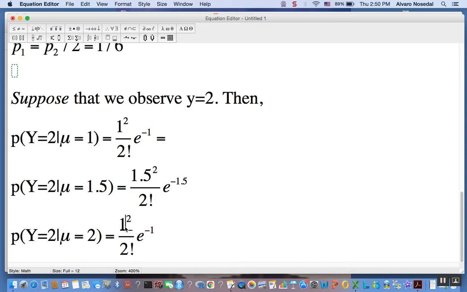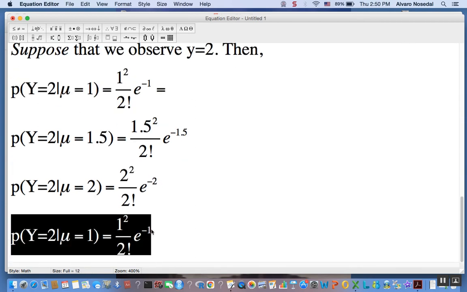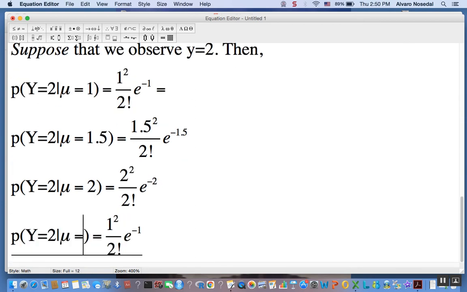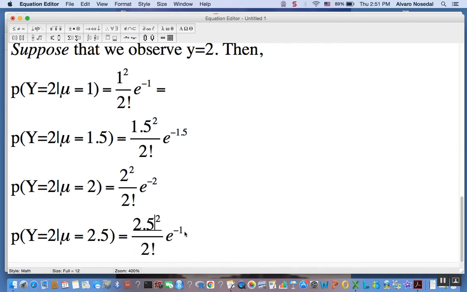So it's going to be 2 and e to the negative 2, and finally the fourth value would be mu4, which represents 2.5, right? So we have 2.5 here and we have 2.5 here.